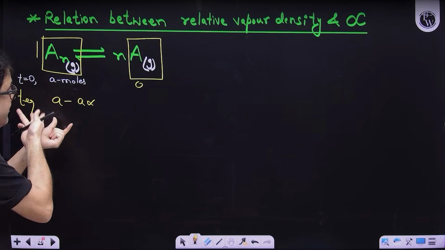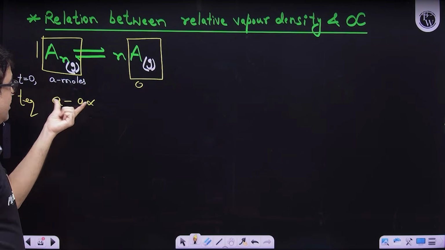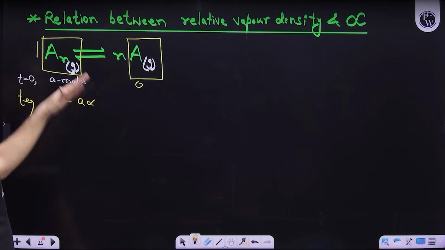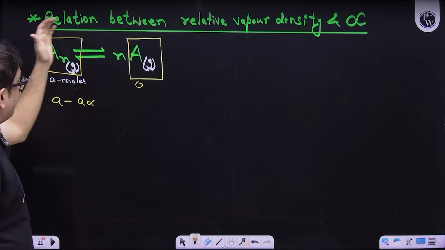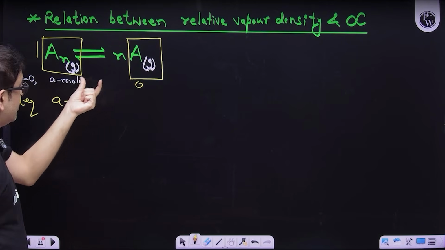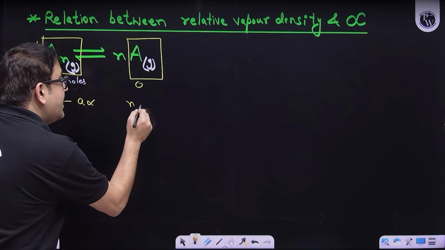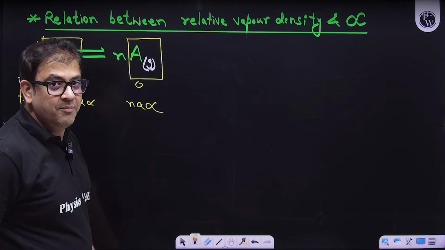So how much will be remaining? Sir, A was given, A alpha gone. So A minus A alpha is left. 1 produces N. If 1 decomposed, N will produce. So if A alpha decomposed, N A alpha will be produced.